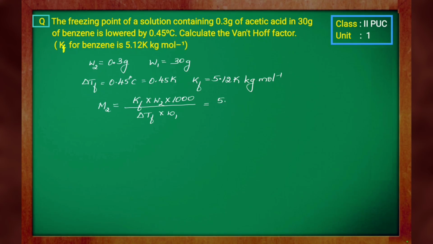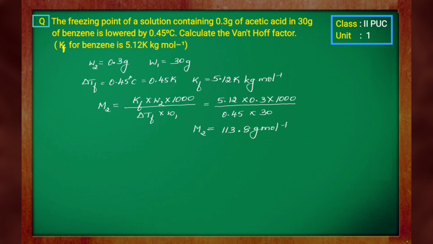Substituting, Kf is 5.12, W2 is 0.3, into 1000, divided by delta Tf, which is 0.45 Kelvin, into W1, which is 30. After simplifying this, we find that the molar mass of the solute is 113.8 gram per mole.